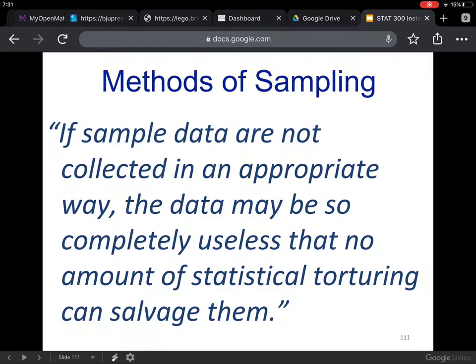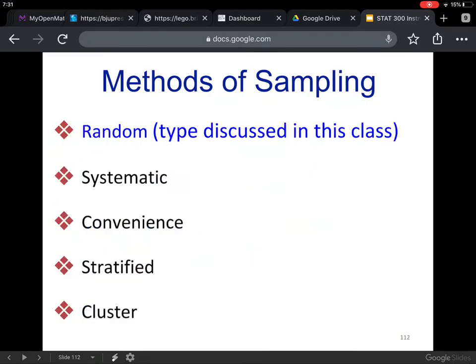Now please note this, and I like this quote: no amount of statistical torturing can salvage badly or poorly collected data. If sample data are not collected in an appropriate way, the data may be so completely useless that no amount of statistical torturing can salvage them. So let's now talk about methods of sampling.